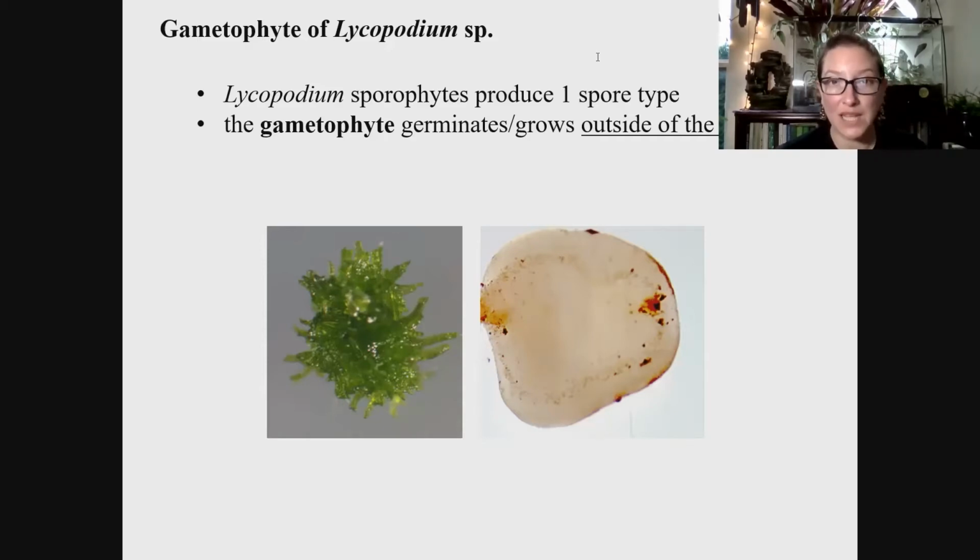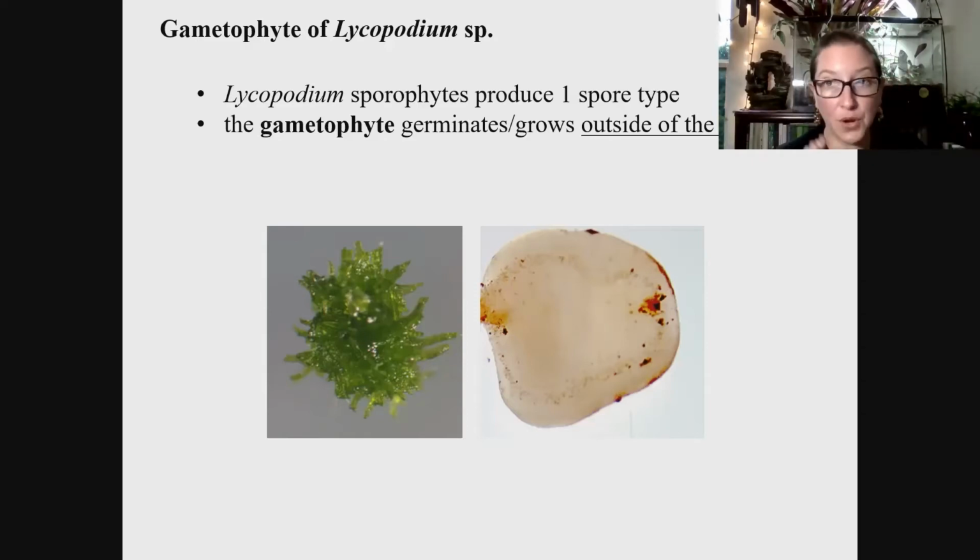And the gametophyte plants are going to grow outside of the spore wall. That's what it says behind my head. And that's just like we saw in the non-vascular plants. Remember, in the non-vascular plants, when you see the plant, you're looking at the gametophyte generation. So of course it's growing outside of the spore wall, because we see a big old fluffy moss.